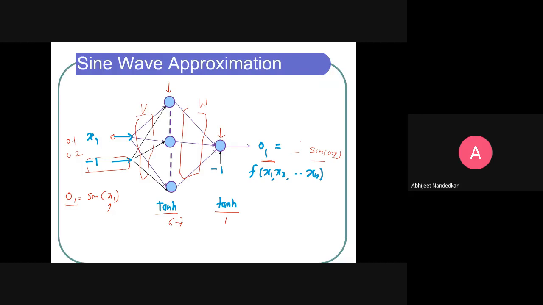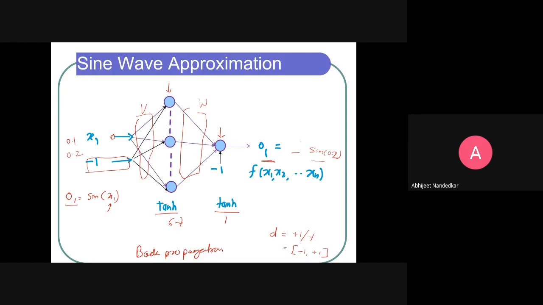Okay, then this network will be trained again using backpropagation. Same thing, same formula. The only difference is that the desired response, instead of plus 1 or minus 1, will be in the range minus 1 to plus 1.